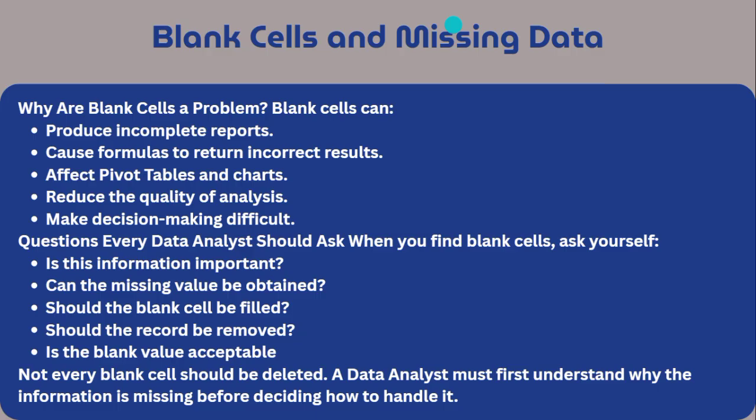Yes, if there is no way you can access the missing value, you don't know how to fit in a value there, and the analysis is such that, for example, people just entered their details randomly, you can easily remove the person's record. Then, is the blank value acceptable? Can I work with it as it is, blank? If you can, then you can just leave it and go on working with it as it is.